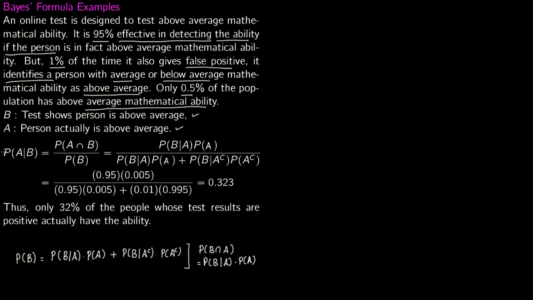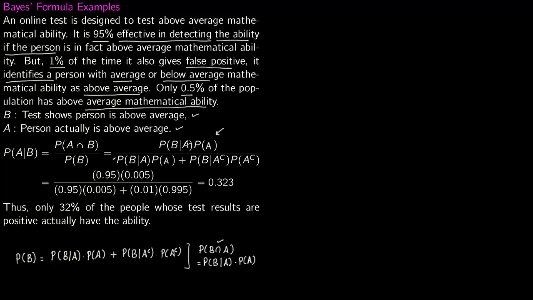So we want to find out probability of A given B. That person has performed well on the test, then what is the probability that he is actually above average? So you just put the conditional probability formula here. Now you use Bayes formula here and then this formula right here. So instead of A intersection B, you could say B intersection A.